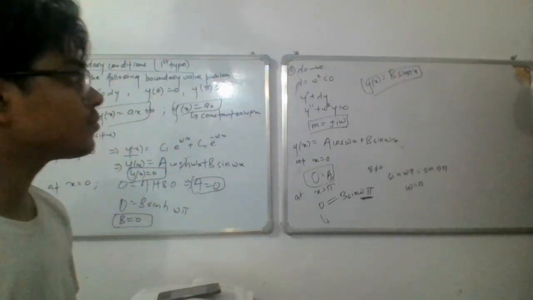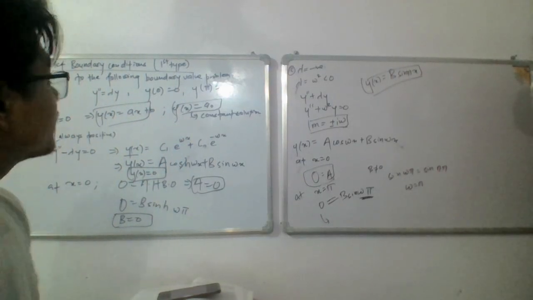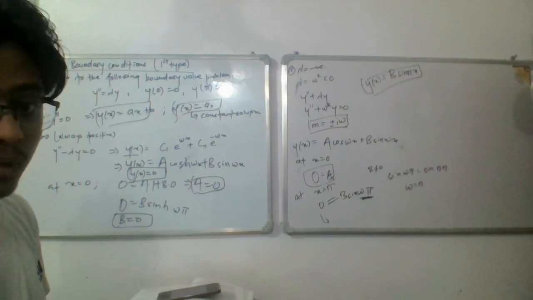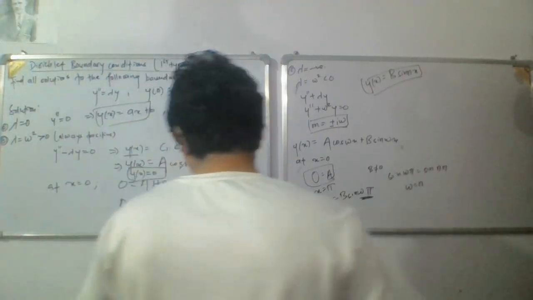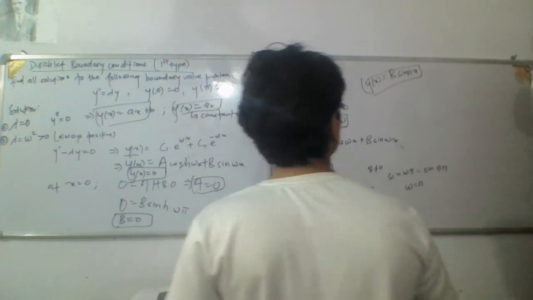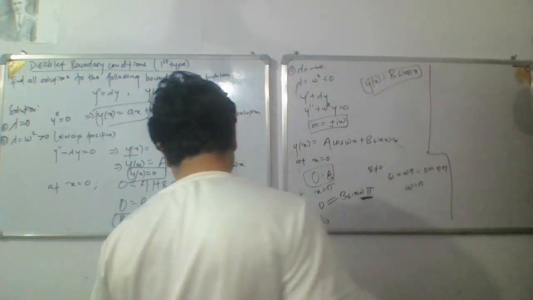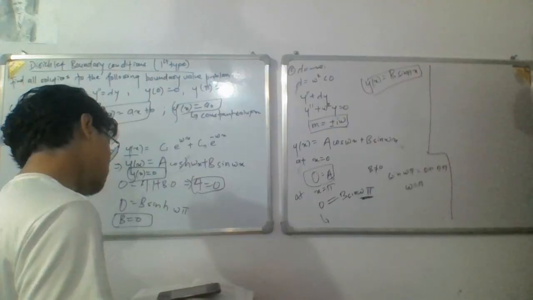Now let's combine all these solutions and write all the solutions of the boundary value problem, or the set of solutions. How do we write all the values of lambda?